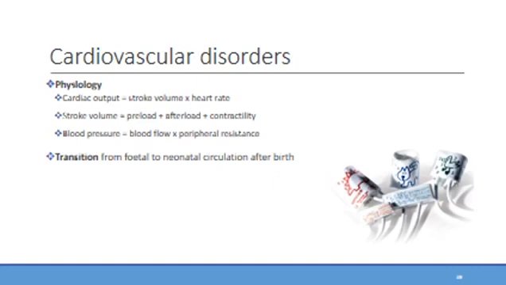The blood pressure is important to maintain the perfusion of all the vital organs. And in the definition, it is the blood flow times the peripheral resistance that can affect your blood pressure. So again, important to remember all these numerous changes that take place after birth.